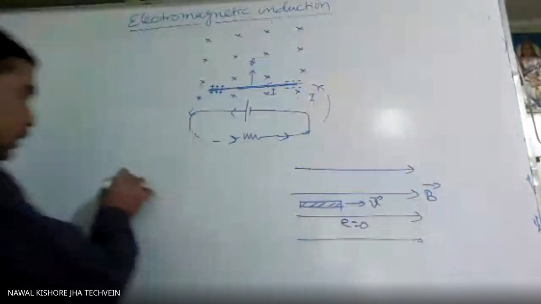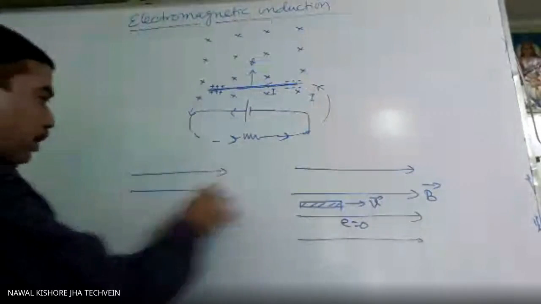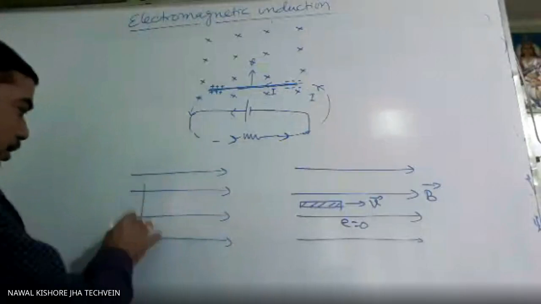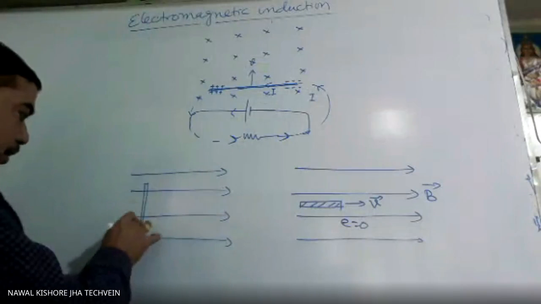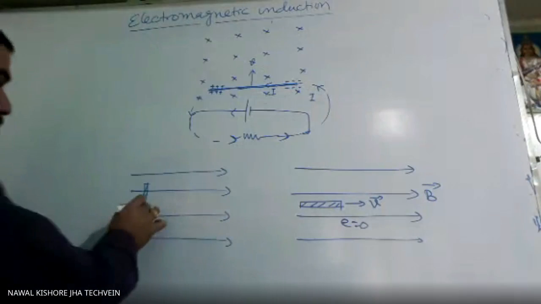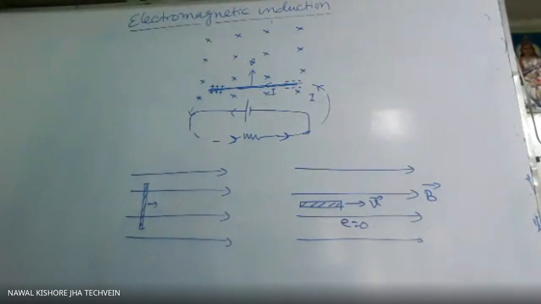But once in the same case, suppose this is the magnetic field and conductor is moving this way. Then what will come? In this case also, no change in the flux.